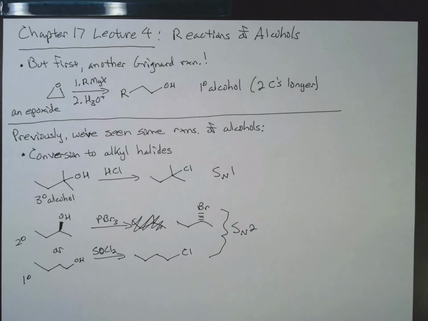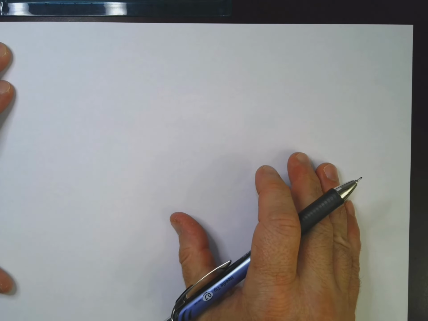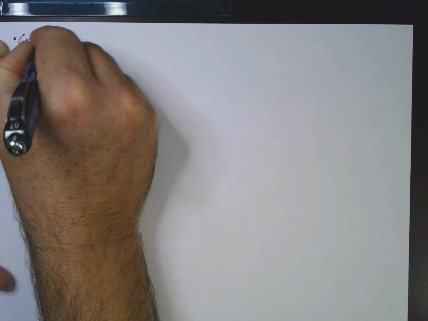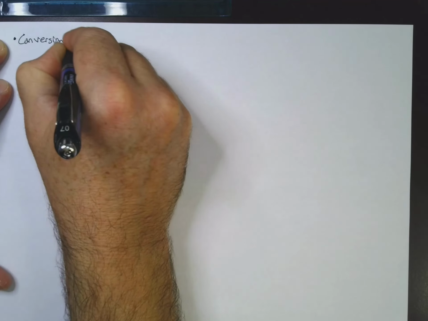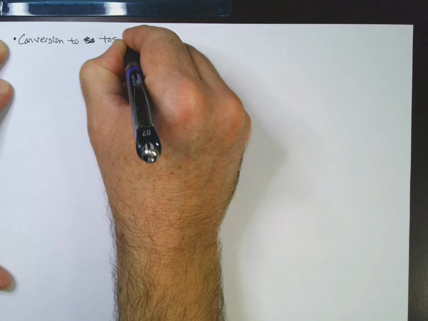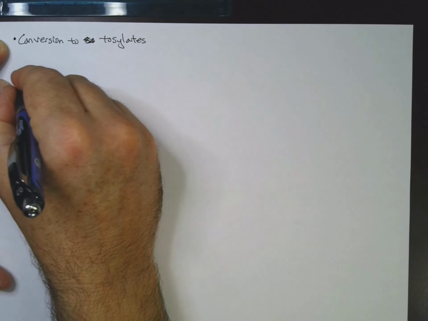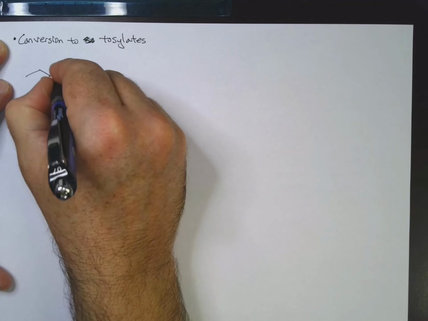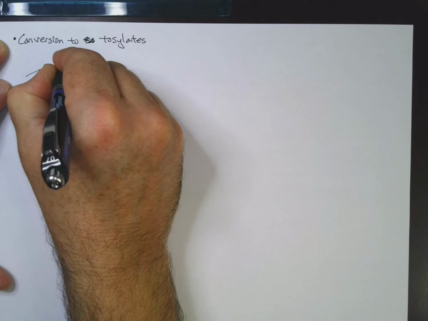All right, now we also saw conversion to tosylates because we might need to make a good leaving group that way. Let's just do something like that.